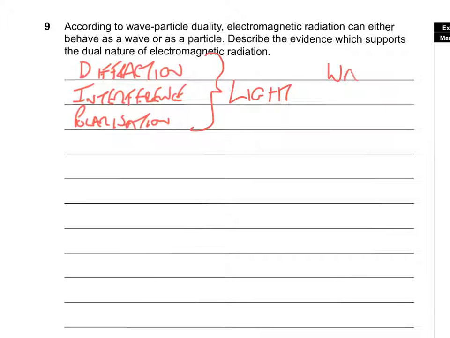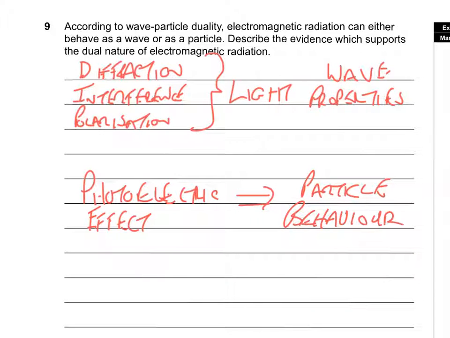But they're all wave properties. Okay, and the classic one for light as a particle is the photoelectric effect. And the photoelectric effect is strictly a particle behavior because it's an energy interaction.